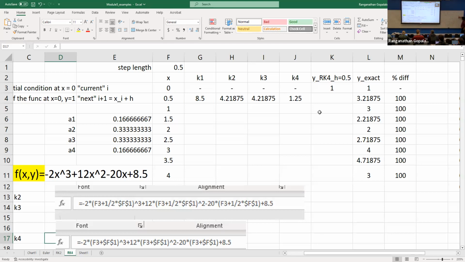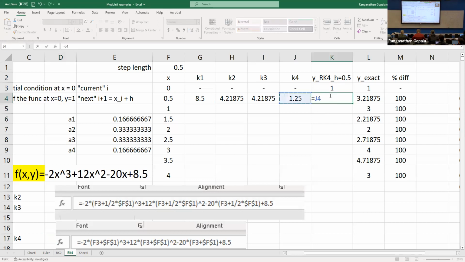You are here, yi is here. This is sort of like delta yi, the change in yi that you are now computing. If you have K1, K2, K3, and K4 values, all you have to do is multiply by the weightage factors, add them up together, and add it to yi. That is what we are going to do. We take K1 and multiply it by A1.